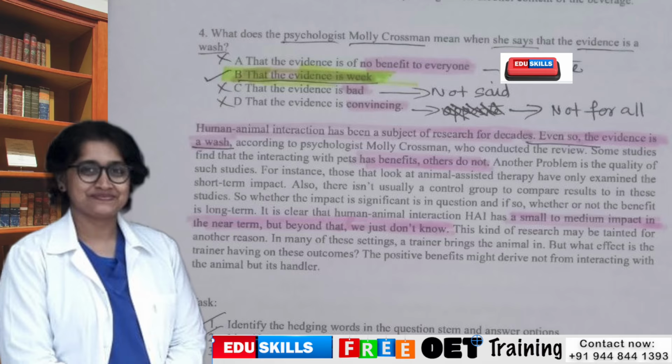So this keyword, evidence is a wash, we have to go directly to that point in the text.